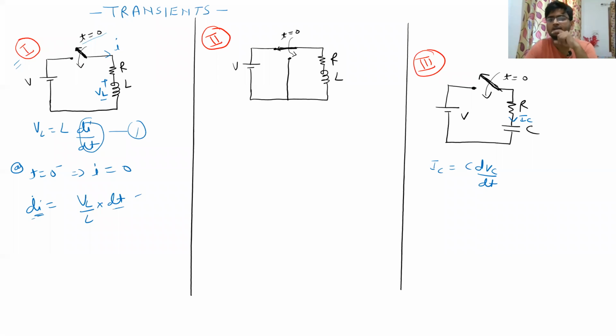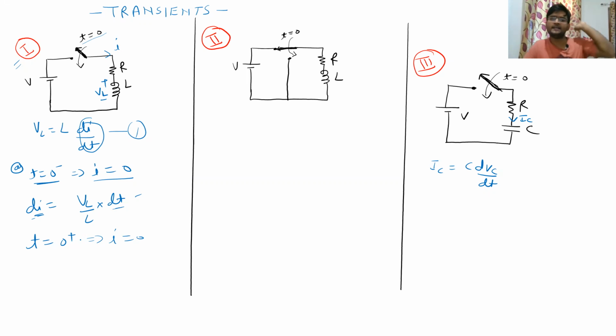So from here, we are getting a very interesting idea that if in any circuit there is an inductor, it will not allow sudden change of current. So sudden change means if you are having very small time before time t equal to 0, just before, or time t equal to 0 minus, if the current is 0, then exactly after the switch is closed, which is time t equal to 0 plus, in that case also your current I should be equal to 0, because it should not have any change, because the dt is very, very small, which is almost equal to 0.